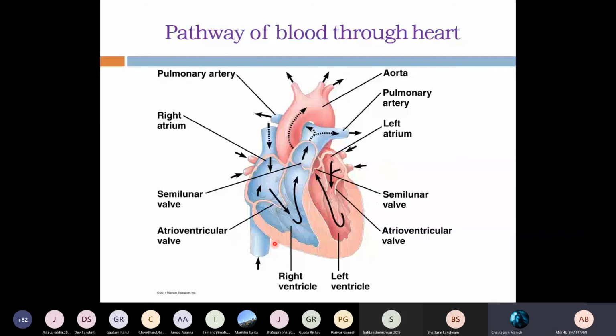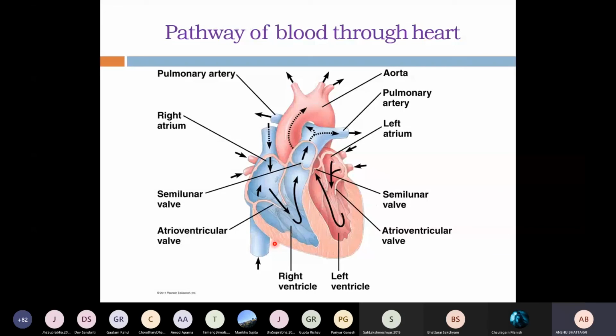During the next ventricular systole, it travels to different parts of the body through the systemic aorta. Very good, Manish, well explained. This is the pathway of blood through the heart and circulatory system.